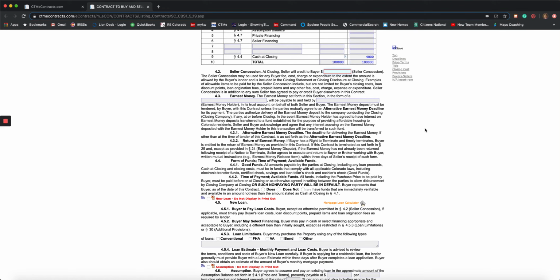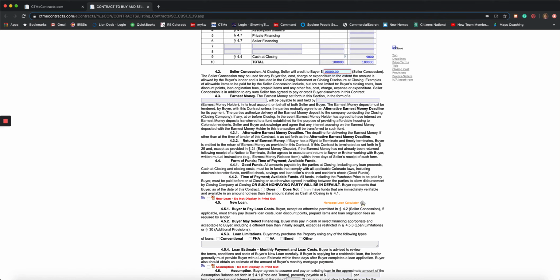Make sure, a rule of thumb is your seller concession cannot exceed what the lender can use for closing costs and prepaids. And what I mean by that is if you want the seller to commit to $10,000 of seller concession, I can pretty well tell you that the lender will not need to use all of that.